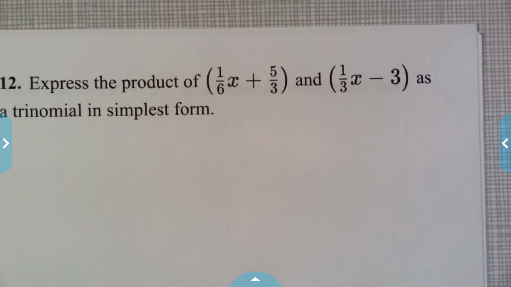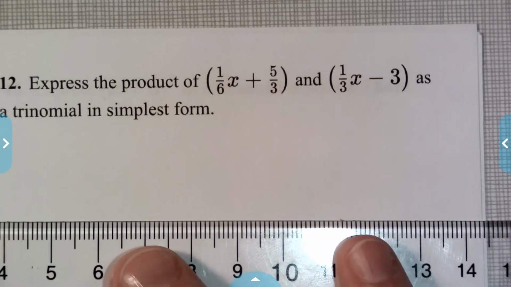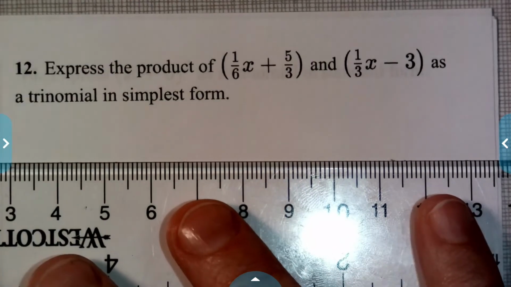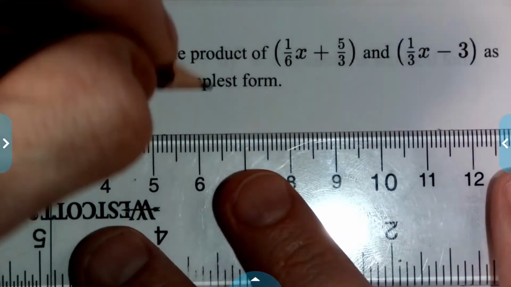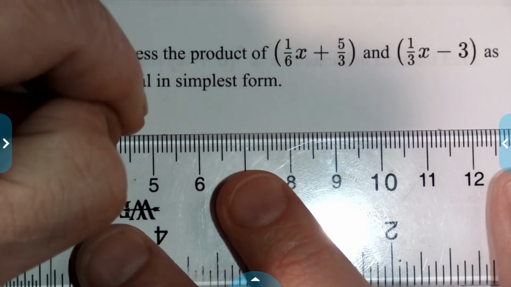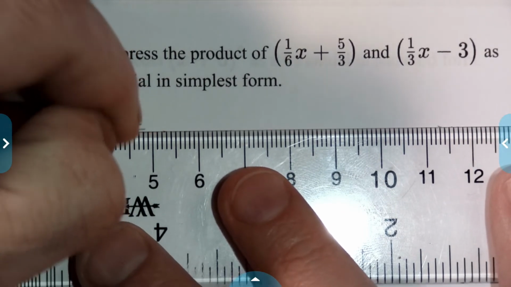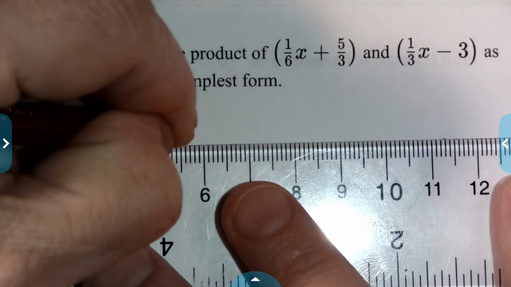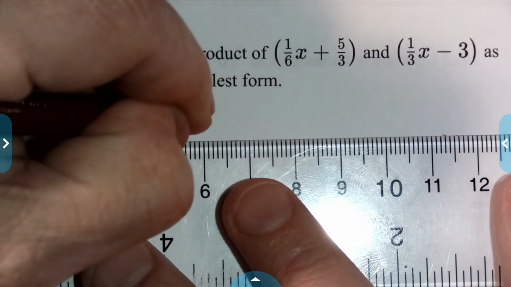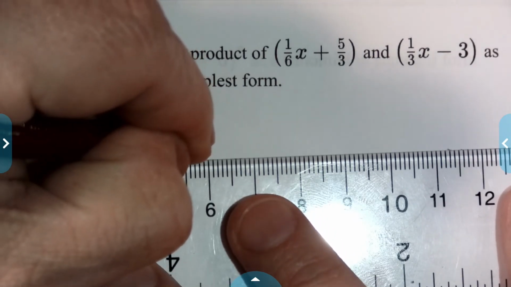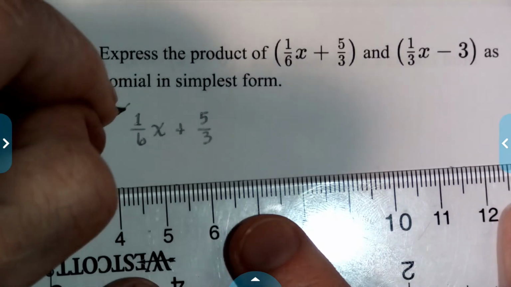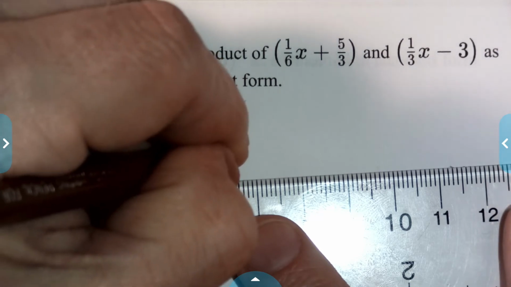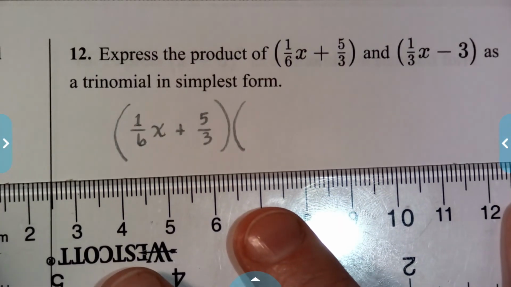One more problem with fractions. I think we should do it the same way. I think we should write out 1 over 6x plus 5 over 3. And then write 1 over 3x minus 3.